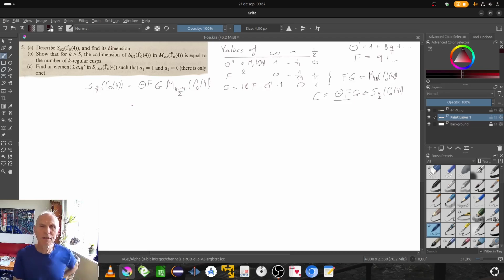What I'm thinking about is, is it more simple just to find the formula, or should we use the formula for the dimension of this space, which is 1 plus k minus 9, divided by 4, the integral part of that. I think we should do that.